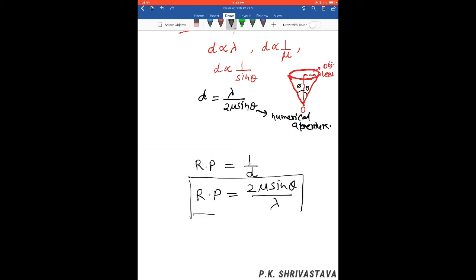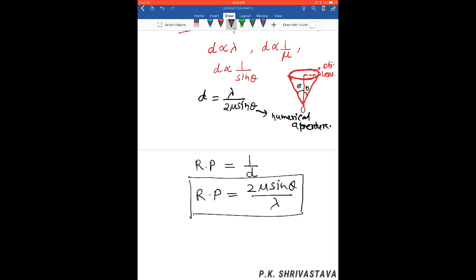This is the formula for resolving power of microscope, very important formula. Notice that resolving power is inversely proportional to wavelength of light. Therefore, we often use ultraviolet light of smaller wavelength to investigate the sample under microscope.